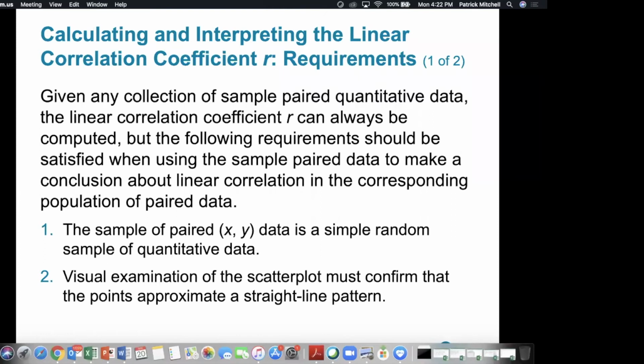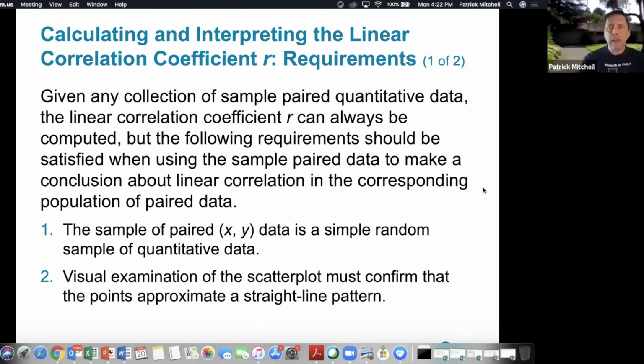About linear correlation in the corresponding population of paired data. First, the sample of paired XY data is a simple random sample of quantitative data. Number 2, visual examination of the scatter plot must confirm that the points approximate a straight line pattern.